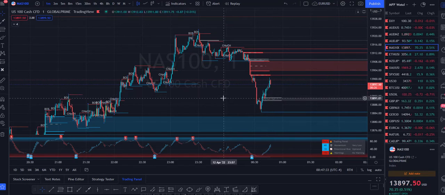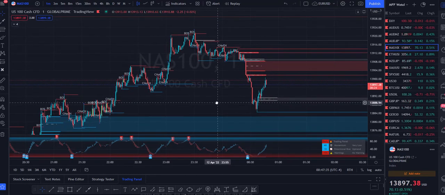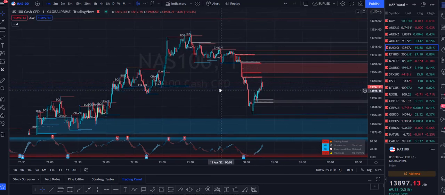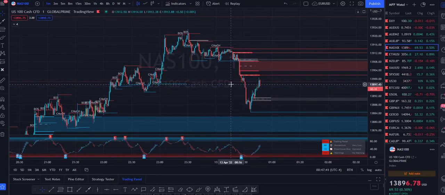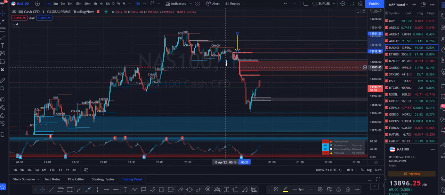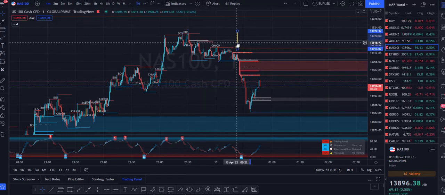Here we have the 1 minute time frame, and we have just seen where price rejected off this area right here in the market. And you see that this area right here is pure rejection.